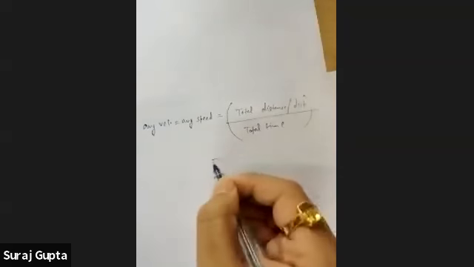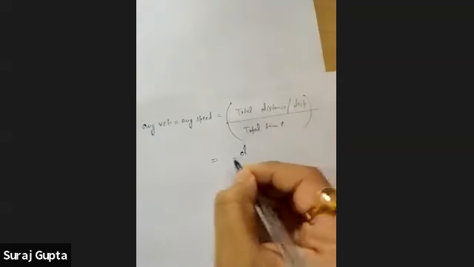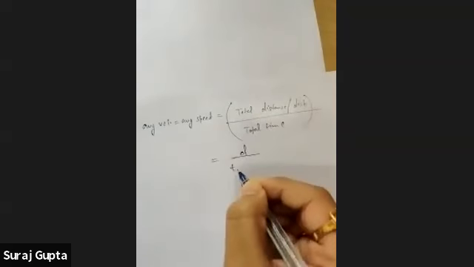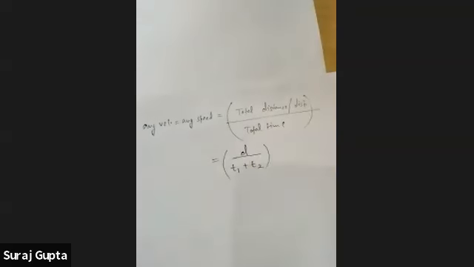So what is the total distance? We assume that the total distance between A and B is D, upon total time, which would be t1 plus t2. And what were t1 and t2? Both were d by 3v.